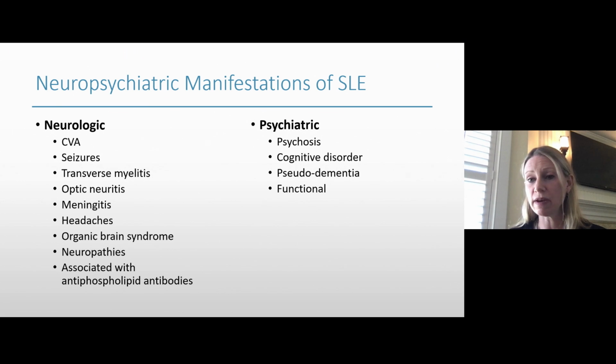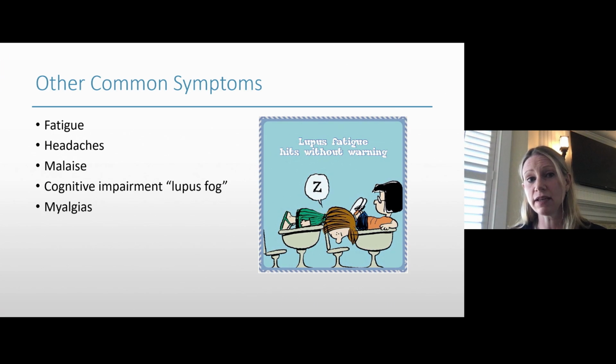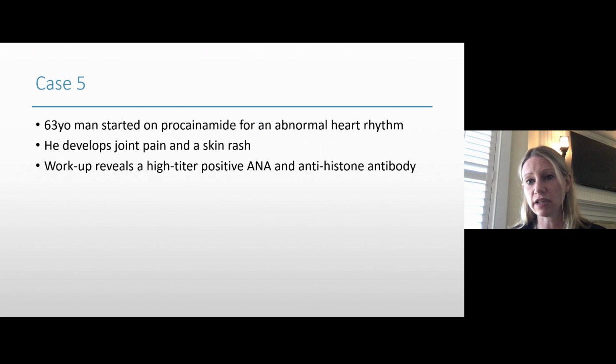And then psychiatric manifestations of lupus are also quite well described and include psychosis, cognitive disorder, pseudodementia, and functional disorders as well. The GI tract can also be affected by lupus and can cause abdominal pain, anorexia, peritonitis, pancreatitis, and hepatitis. And then other common symptoms include particularly fatigue, headaches, malaise, and cognitive impairment, also called lupus fog, and myalgias.